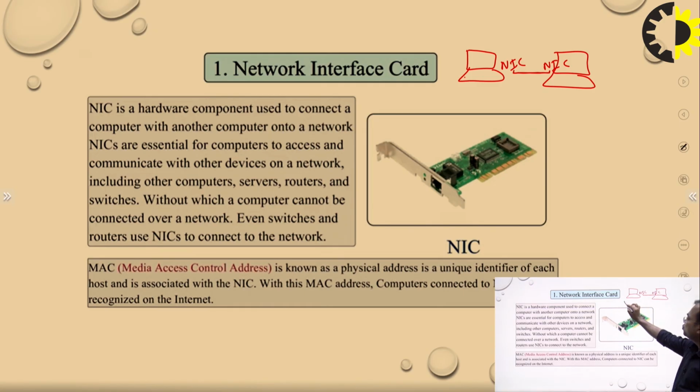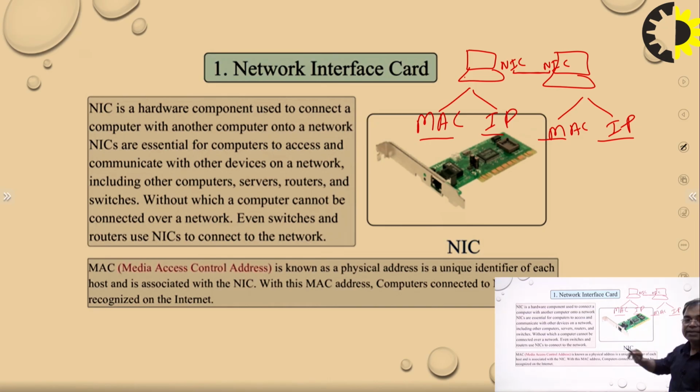Now we have two types of address in every device. One important address is your MAC address, another is your IP address. MAC address and IP address. The MAC address is basically the media access control address, and this address is given by government organizations to the company which is making this computer device, and they just burn that 48-bit address.